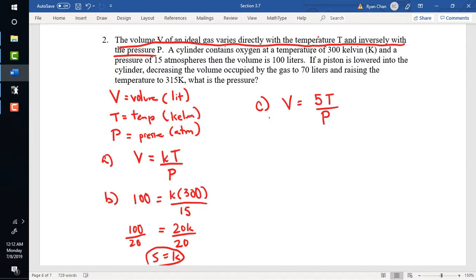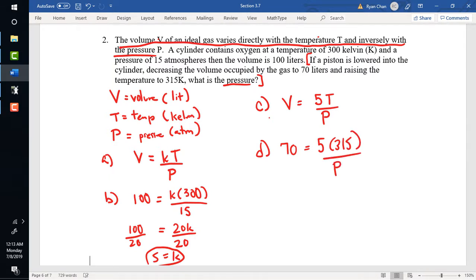This last sentence, we've been kind of going on autopilot where the letter by itself we solved for, but notice this time we're trying to find pressure. So I'm still plugging everything in like normal. It's just that I have to make sure I'm solving for P and not for V. So it says the volume occupied by the gas becomes 70 liters, so 70 will go here. Temperature is 315 K, so 315 is going to go here.